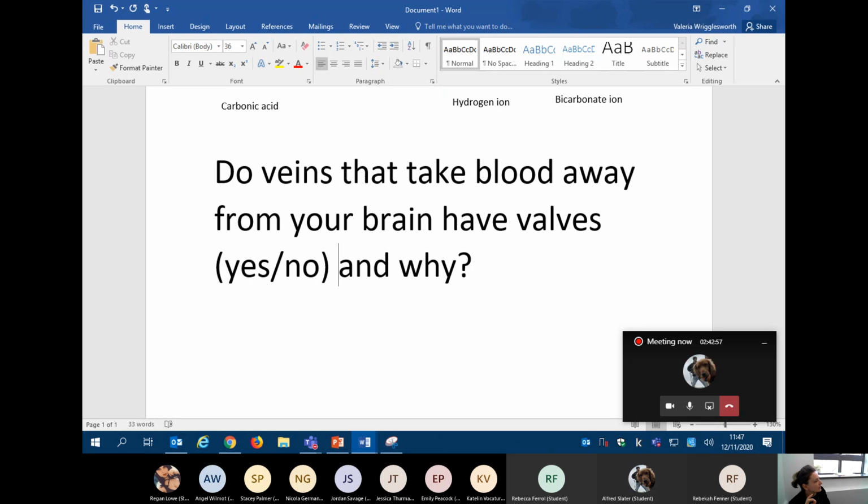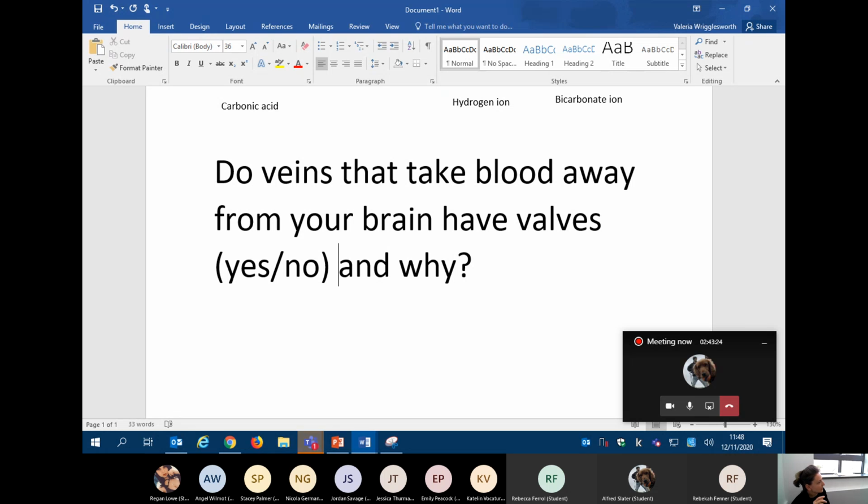Okay, so those of you who are saying no, all of you in class, can you justify to me why no? I thought gravity's already helping anyway. Right, okay, so why do you have valves? If you think about why we have valves in the first place in veins, to stop it going down, and the reason it's trying to go down is because of gravity.